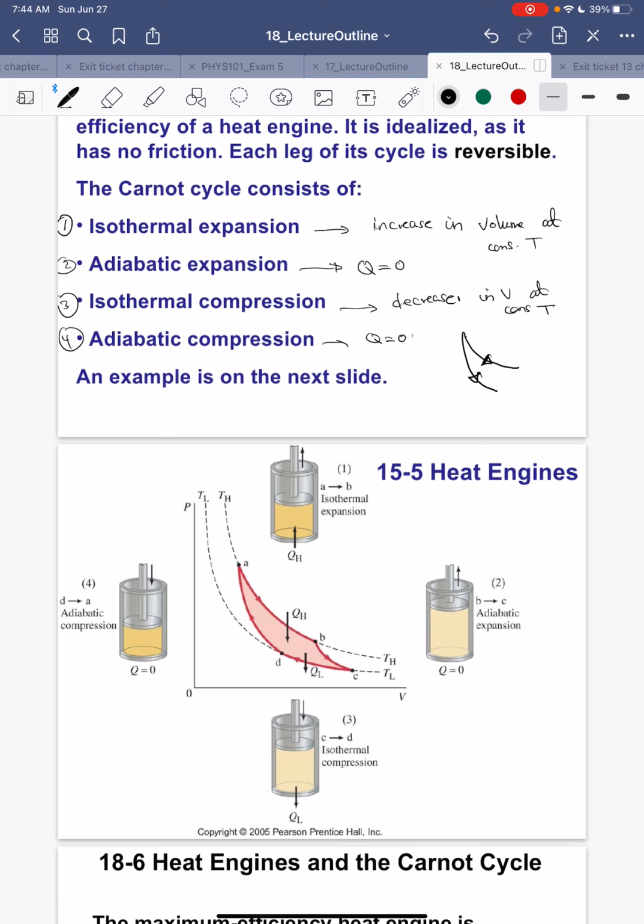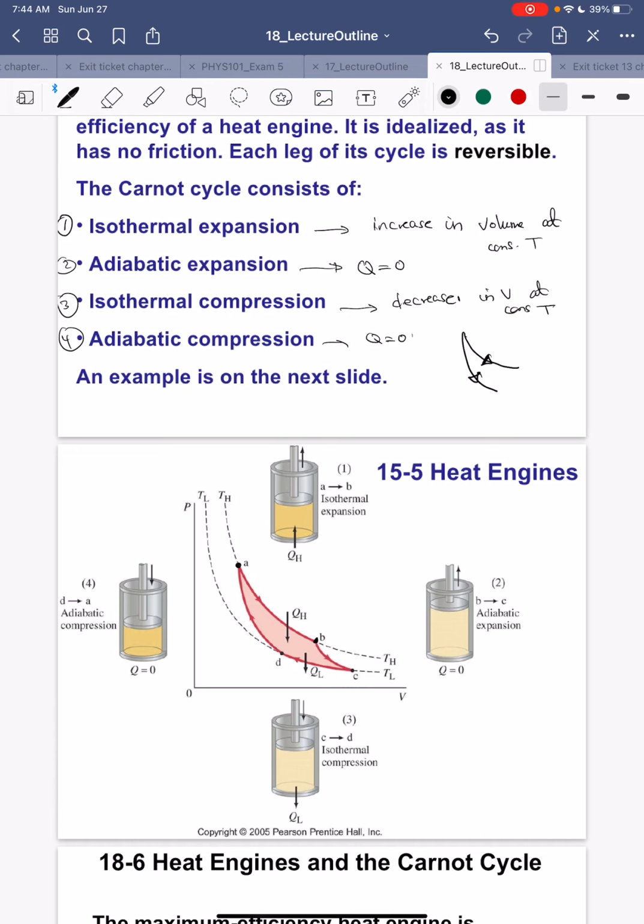Okay, number one, isothermal expansion. An amount of heat enters, which makes the system expand, and it is represented by the isotherm from A to B. And then from B to C is adiabatic expansion.